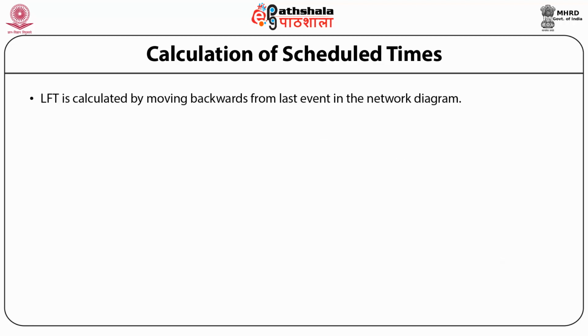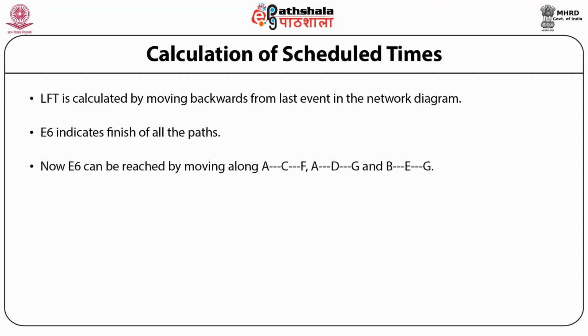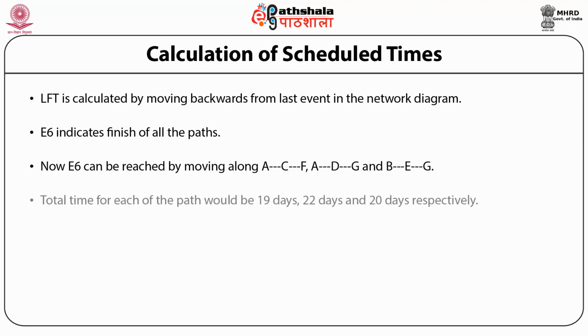LFT is calculated by moving backwards from the last event in the network diagram. E6 indicates finish of all paths. Now E6 can be reached by moving along A to C to F, A to D to G and B to E to G. Total time for each of the paths would be 19 days, 22 days and 20 days respectively.